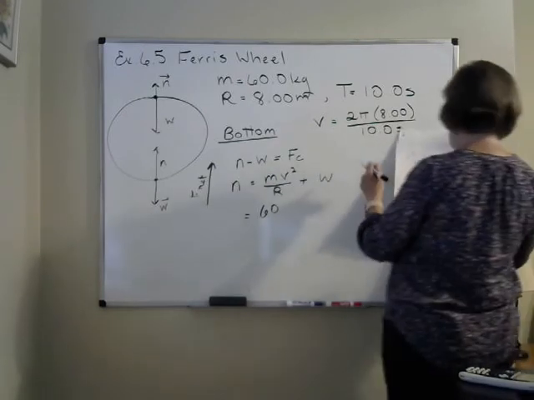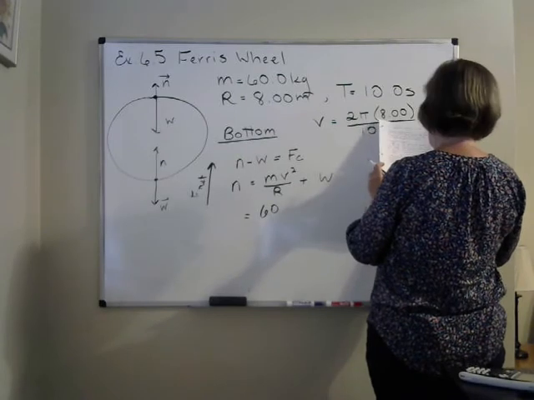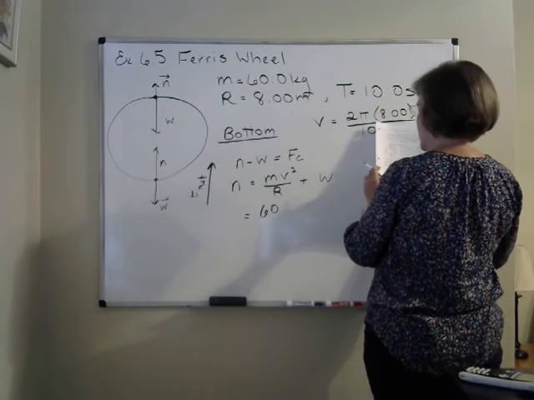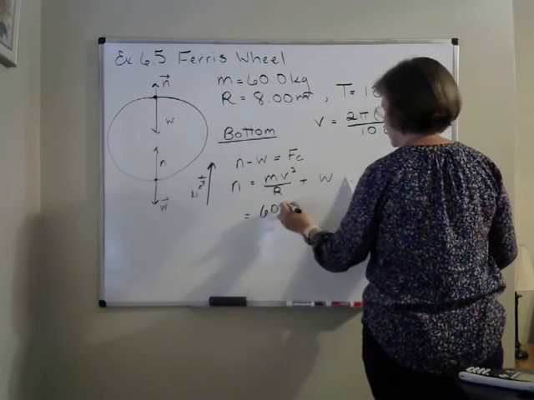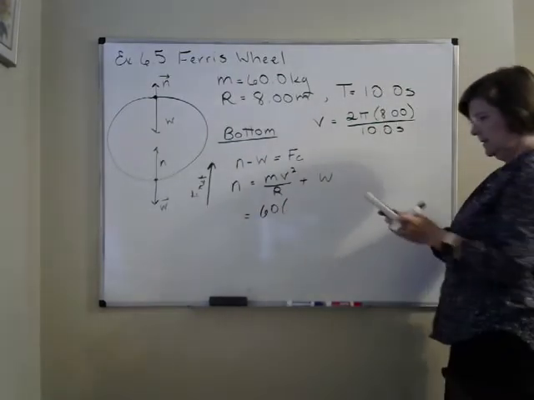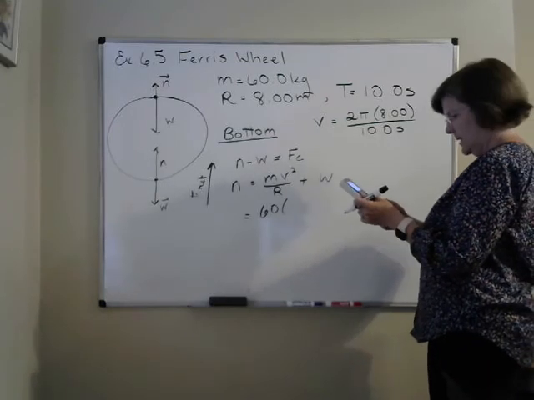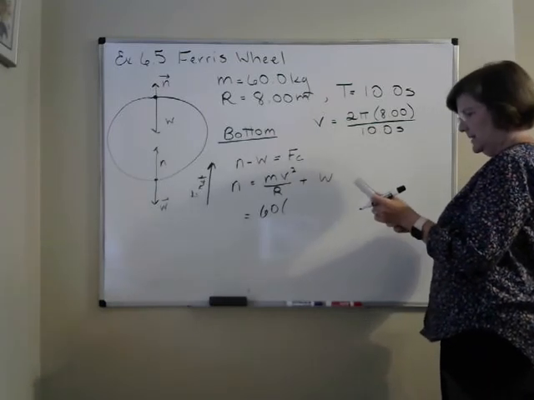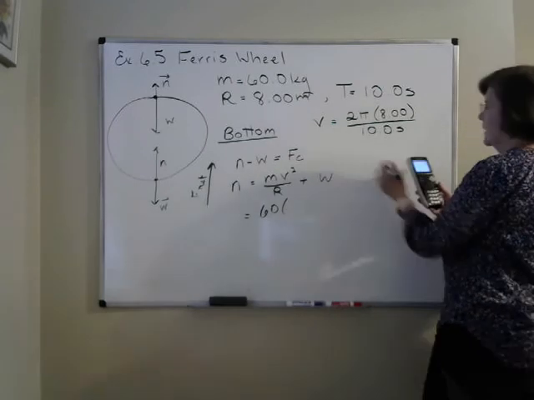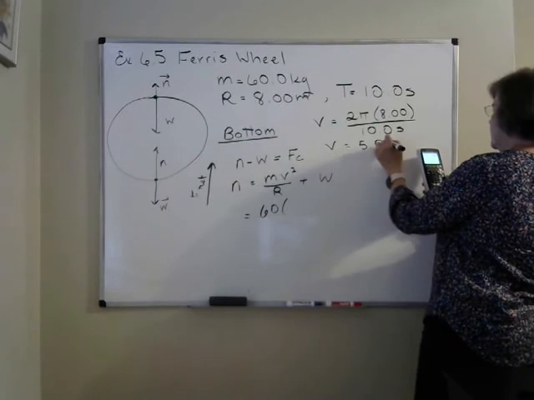When you put that in a calculator, we find out, I didn't write that quantity down. Let's write it down right now. 2 pi times 8 divided by 10 is 5.027.